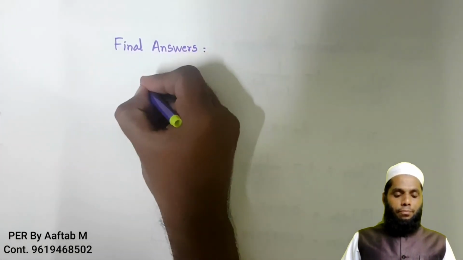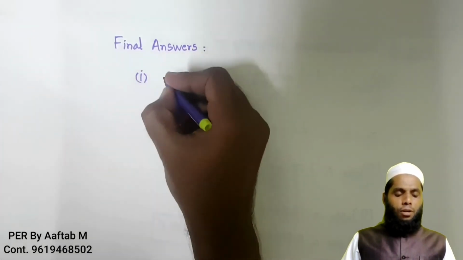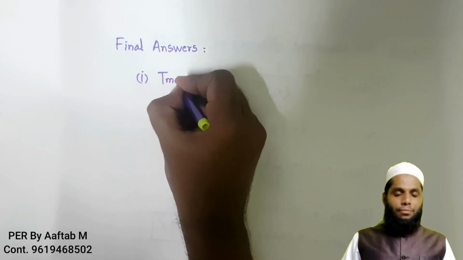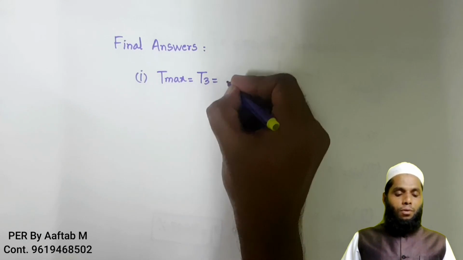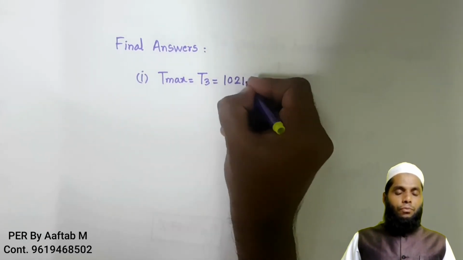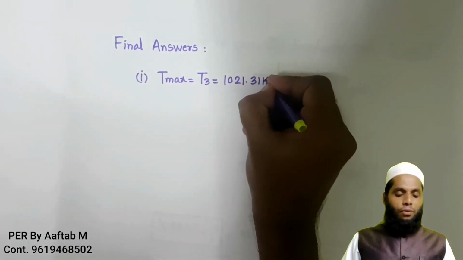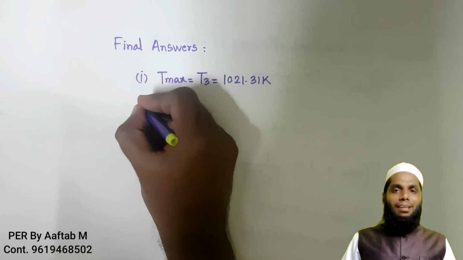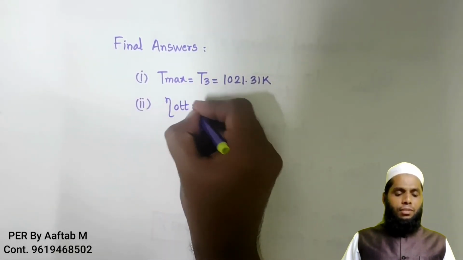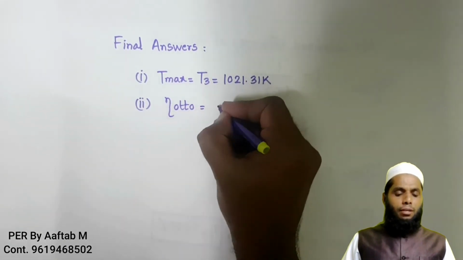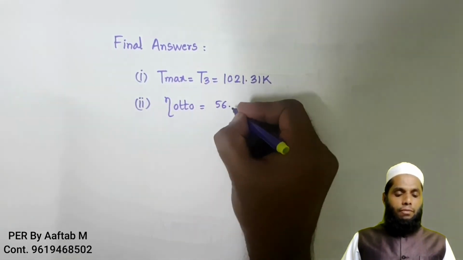So lastly, we'll list all the final answers of this problem. First one, we have found the maximum cycle temperature, that is T3, which is equal to 1021.31 Kelvin.